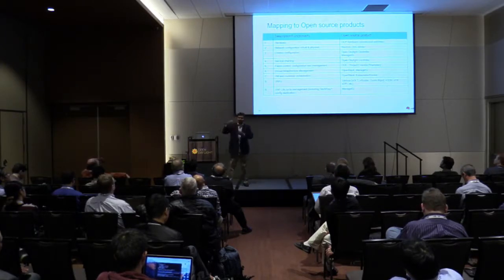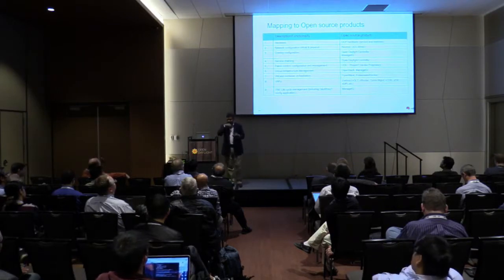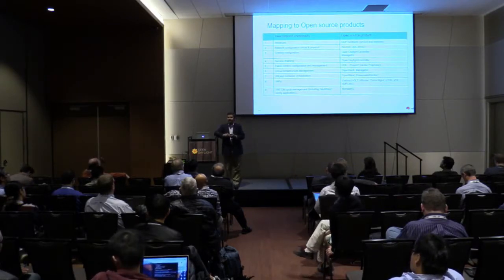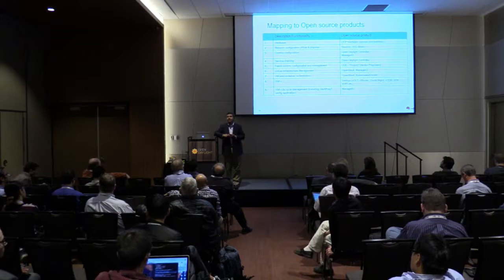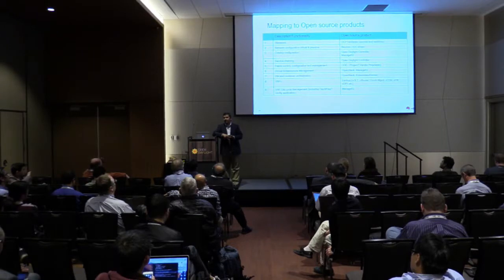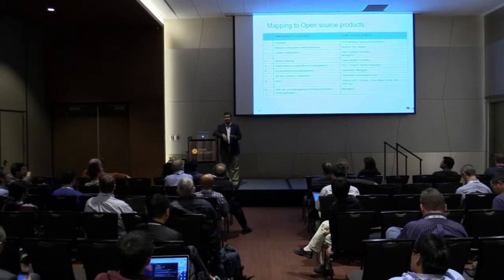Let me just step back for a moment. How did this get started? About four months ago, we were having a discussion with some of the service providers. And they said, I have this proliferation of controllers. I have OpenContrail, I have ONOS, I have ODL, I have somebody else, Cisco NSO, and I don't know how many others.